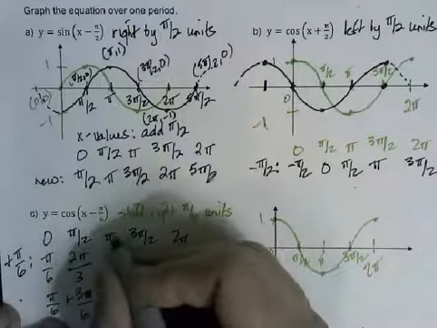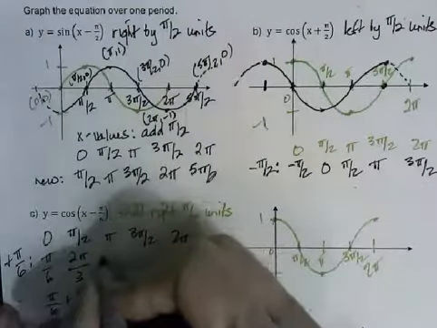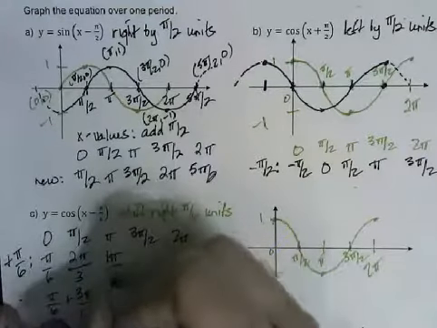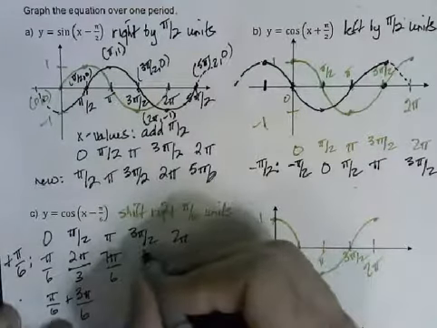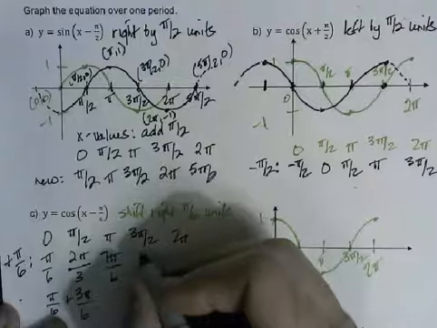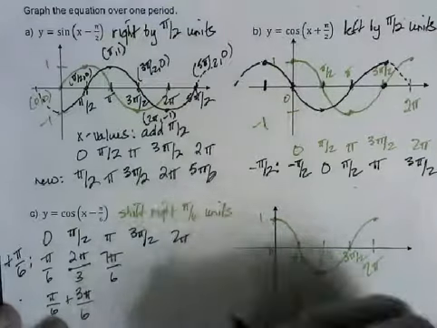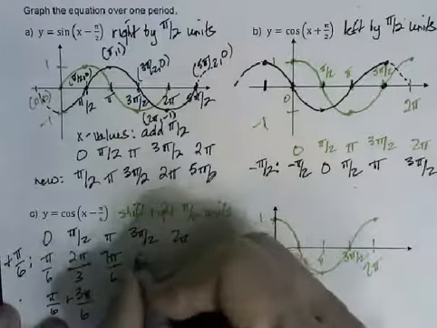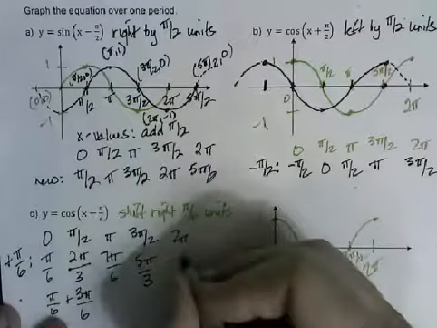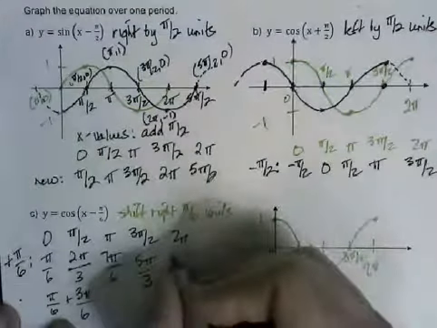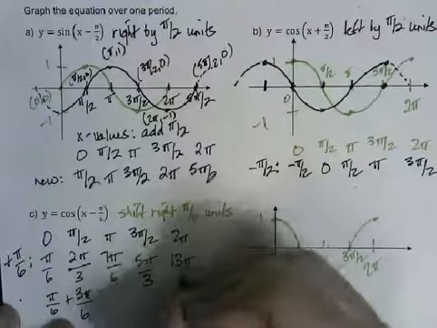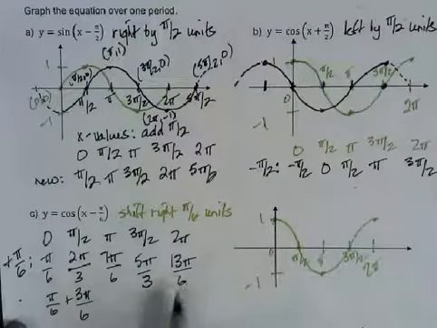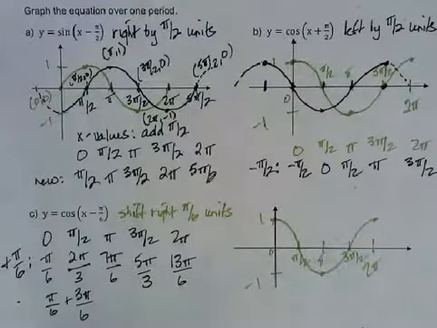I can write pi as 6 pi over 6, so that is going to give me 7 pi over 6. 3 pi over 2 is the same as 9 pi over 6, plus pi over 6 gives 10 pi over 6. That's going to simplify to 5 pi over 3. And 2 pi plus another pi over 6 would give me 13 pi over 6. This is probably the hardest thing about this, is just figuring out those fractional values.